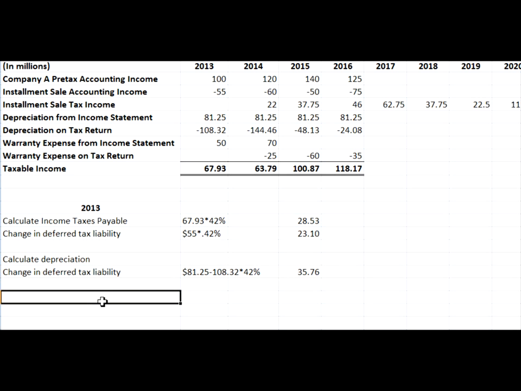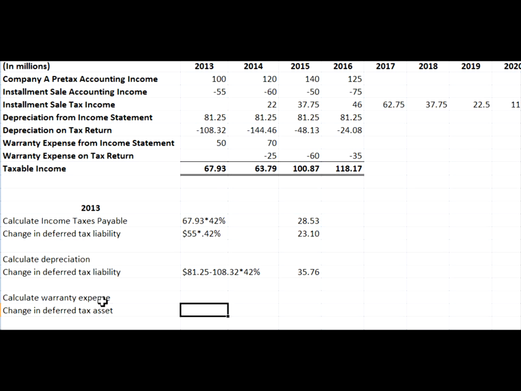Now we want to calculate our warranty expense. Now remember, this is not deferred tax liability, this is deferred tax asset.